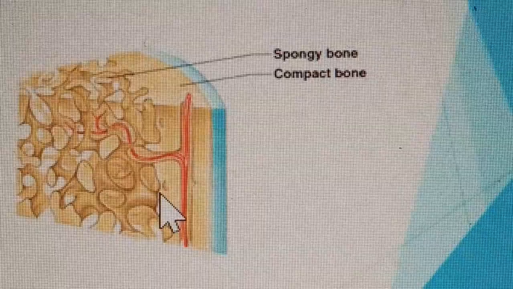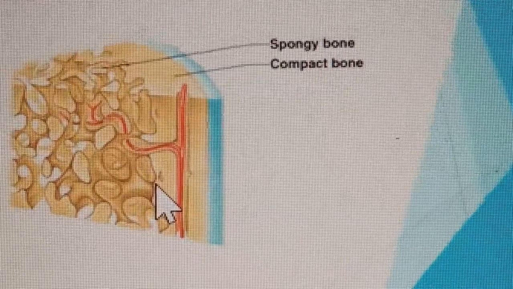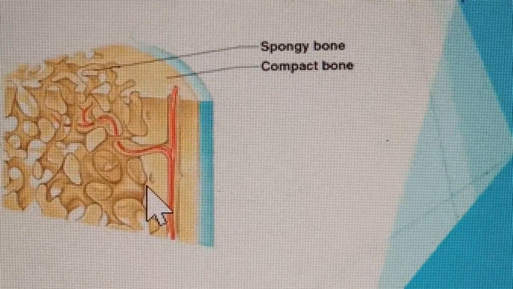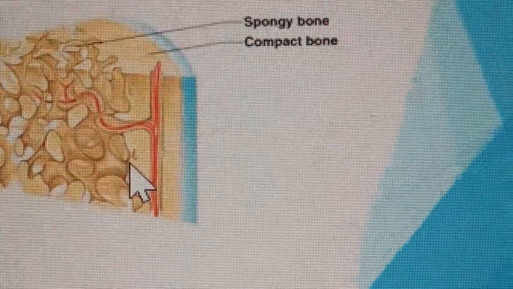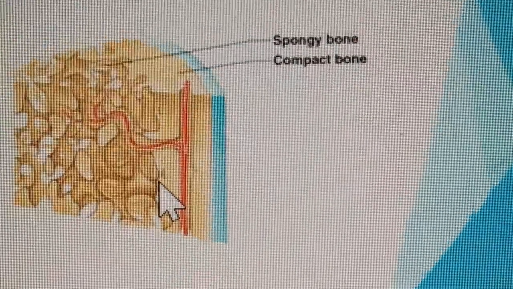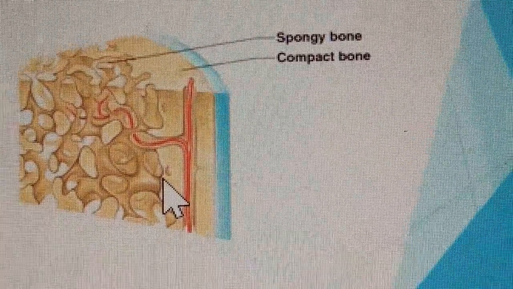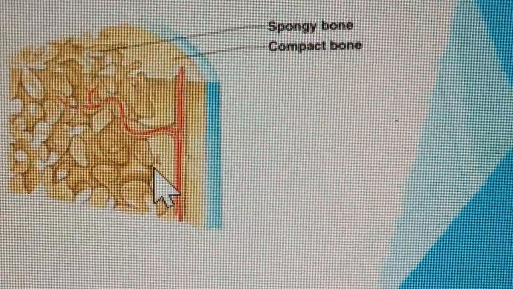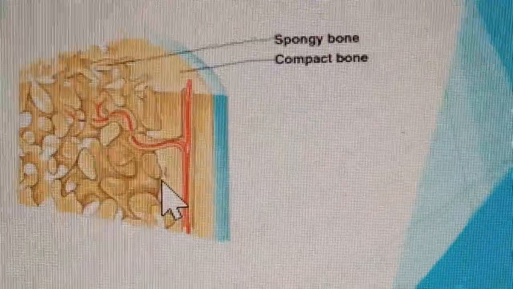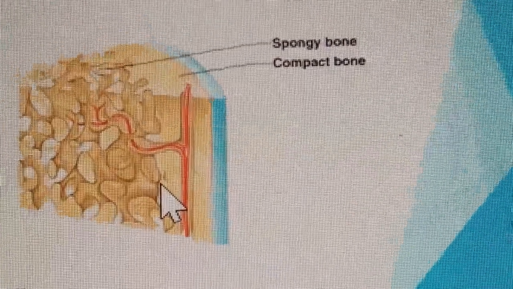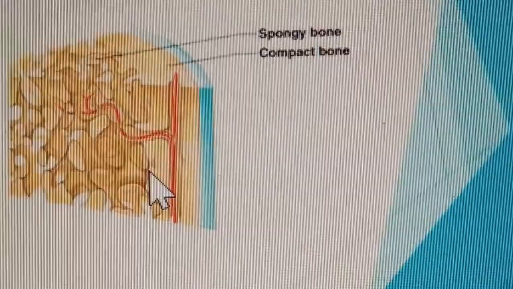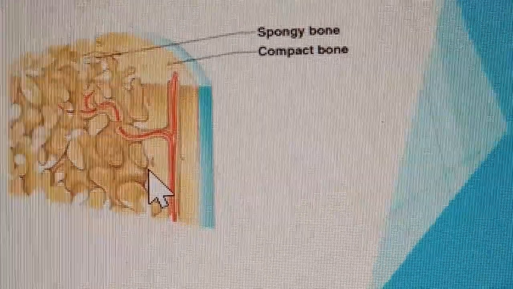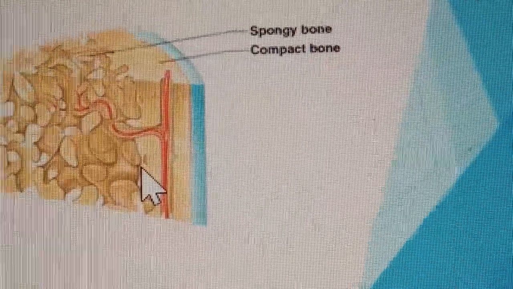We have the two basic types of the bone tissue. So, the basic types of the bone tissue, okay, we have the compact bone and spongy bone. As you can see in the picture, compact bone, it's homogeneous.